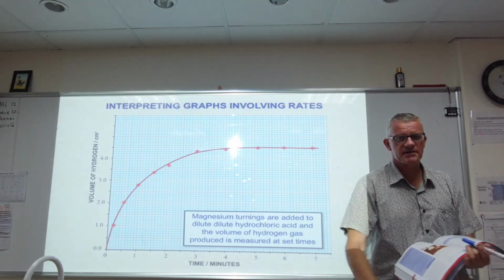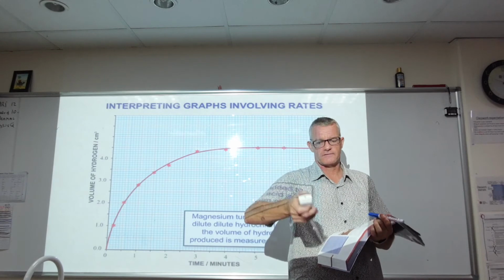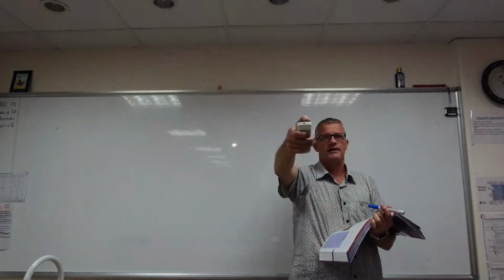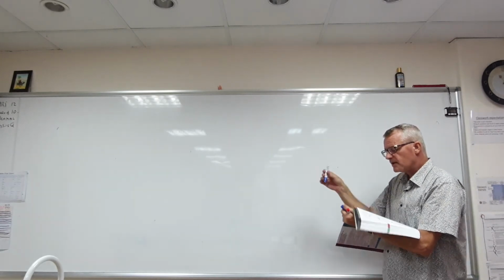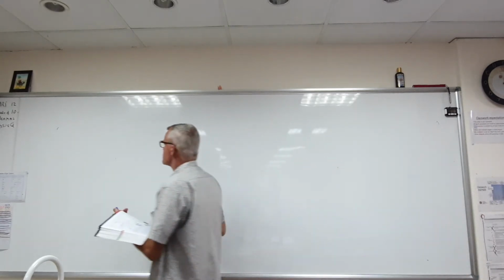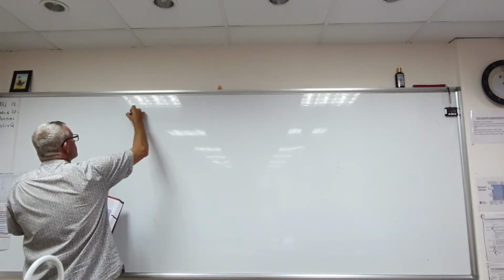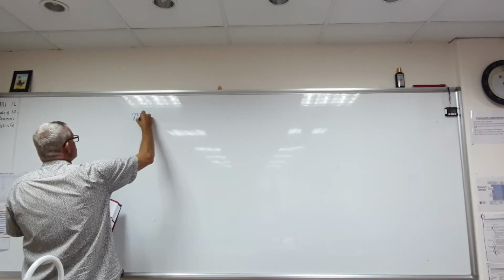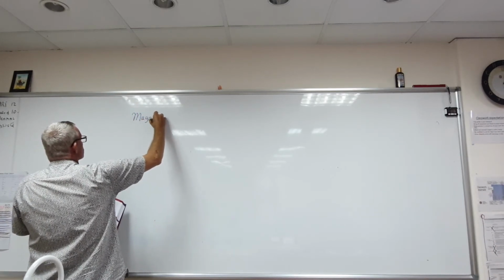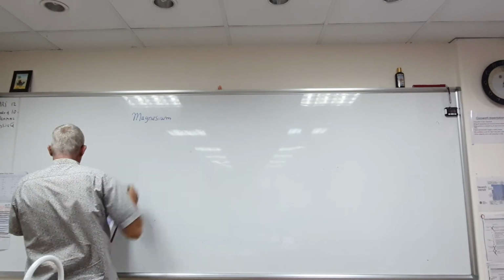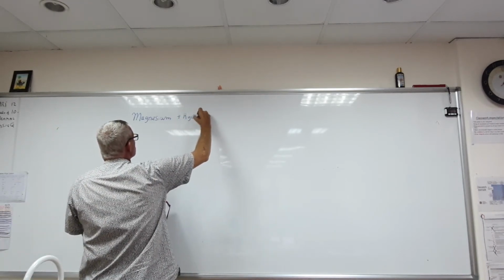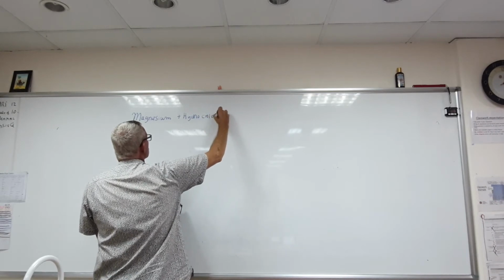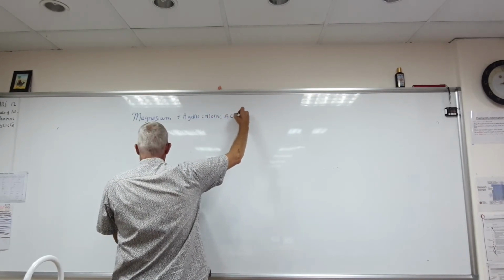I will show you the setup and then we continue the slide. Okay? So how do we collect for the reaction of magnesium with hydrochloric acid? What is the reaction? Magnesium plus hydrochloric acid.